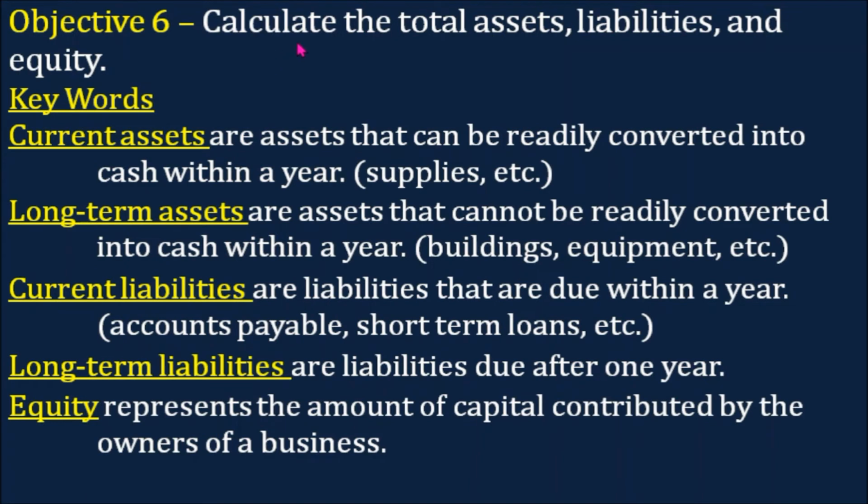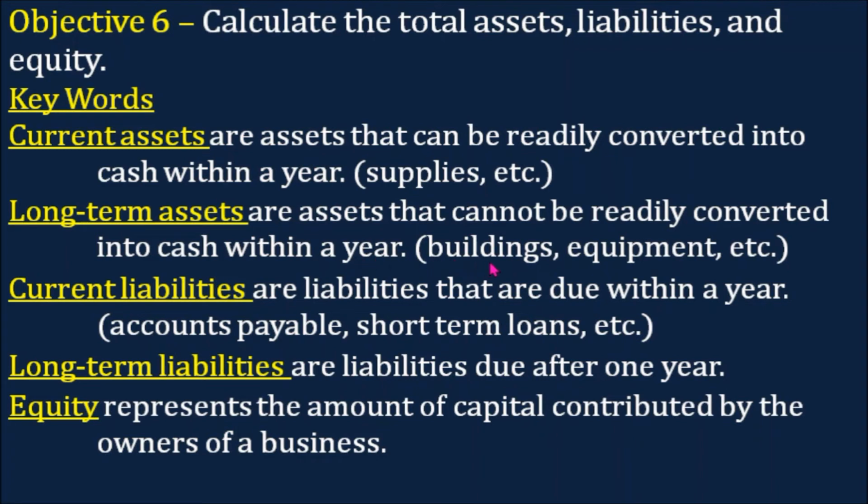Objective number 6. Calculate the total assets, liabilities, and equity. These are our keywords. Current assets are assets that can be readily converted into cash within a year. Examples, supplies, etc. Long-term assets are assets that cannot be readily converted into cash within a year.